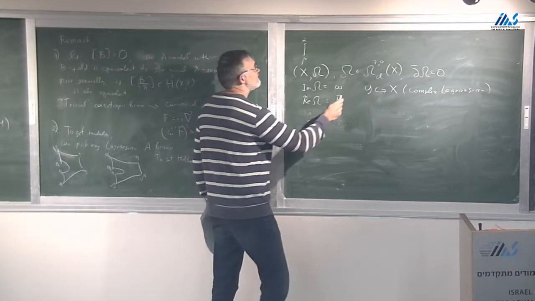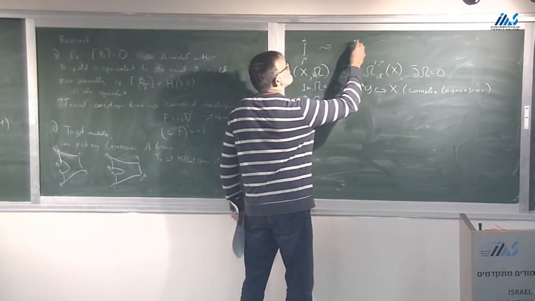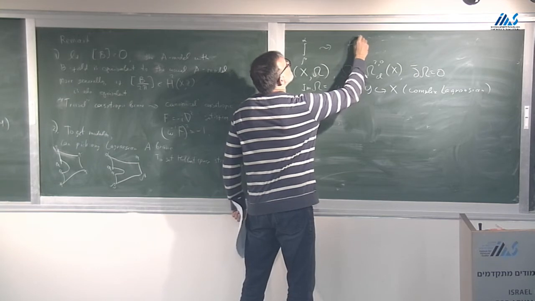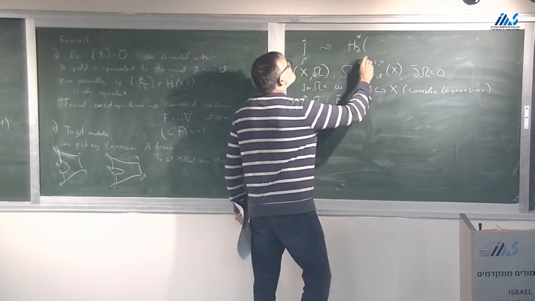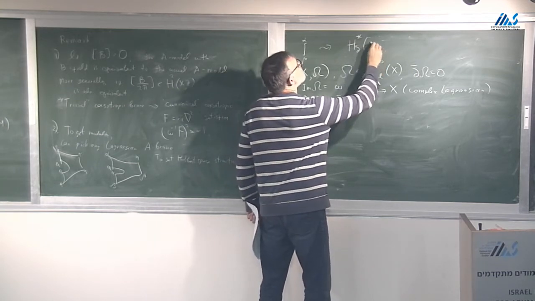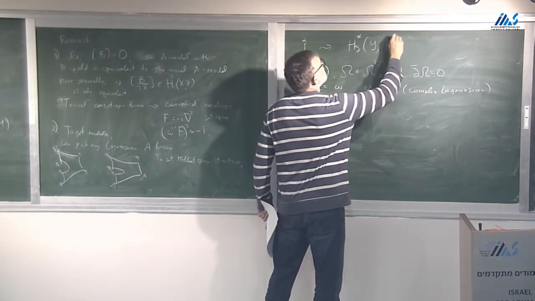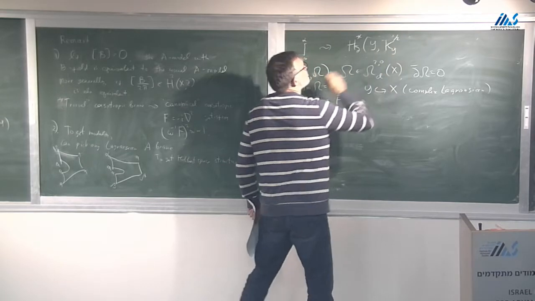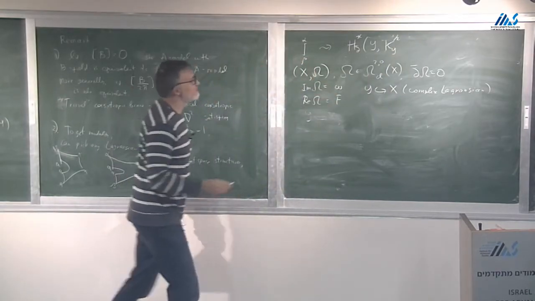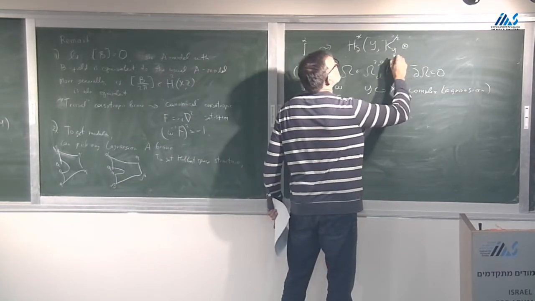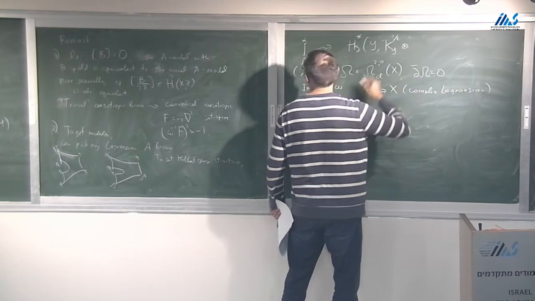So in this case, the space is just Dolbeault cohomology of Y with coefficients in K, the square root of the canonical class of Y, tensor the restriction of that bundle here.